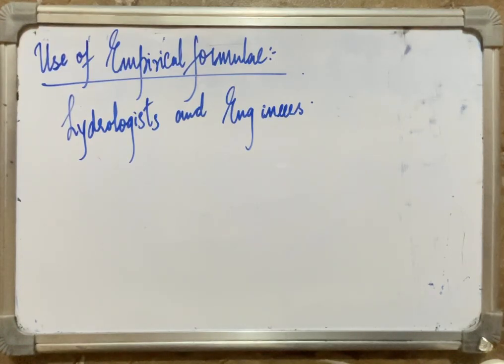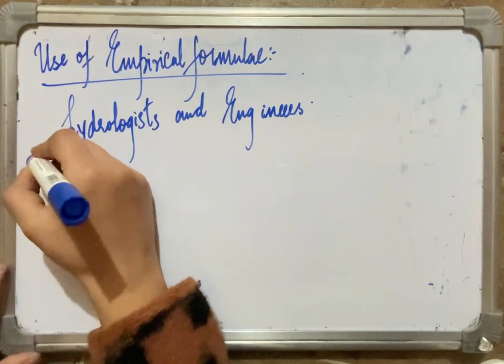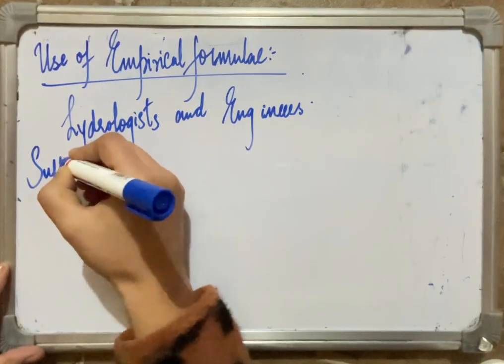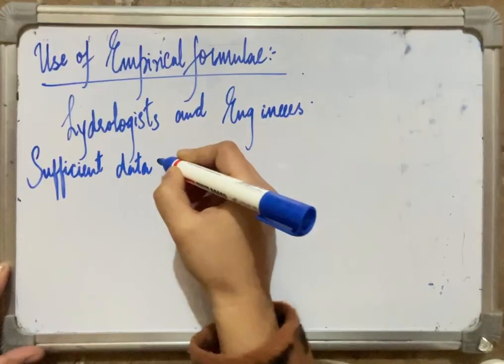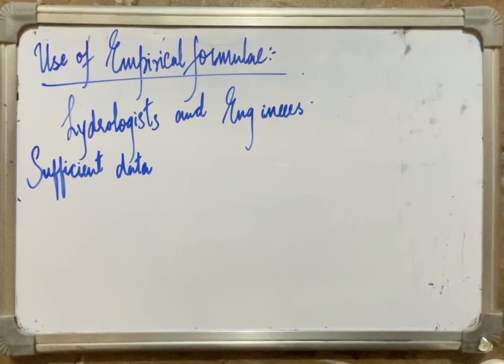The empirical formulae for prediction of peak discharges are employed only when sufficient data is not available for detailed and precise analysis of the catchment response.